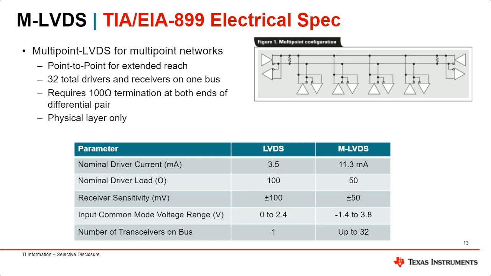I'll talk to a few of those differences now, but we do have more information you can learn on that. One of the main things is on the driver side. The driver does implement a wider offset range in common mode. So the drivers can have an offset ranging from 0 to 2.4 volts.